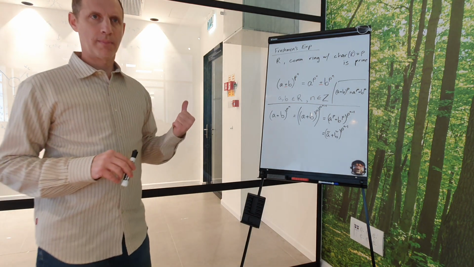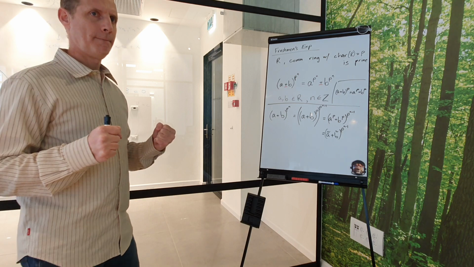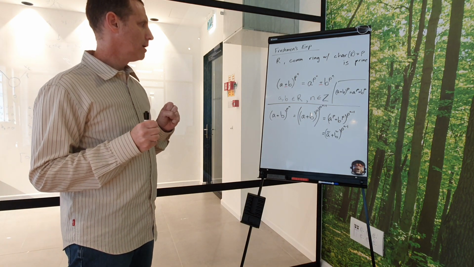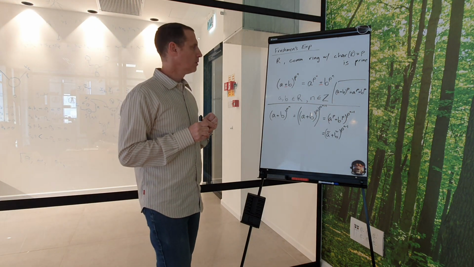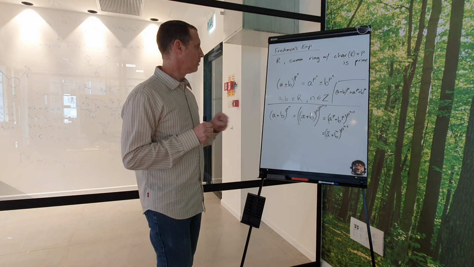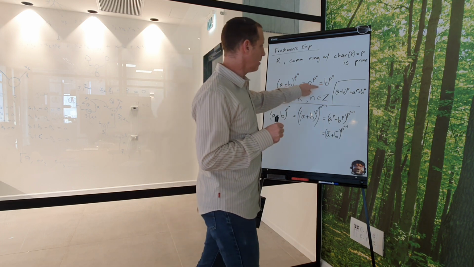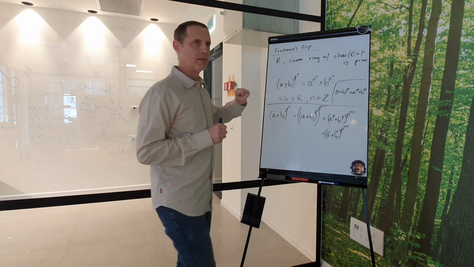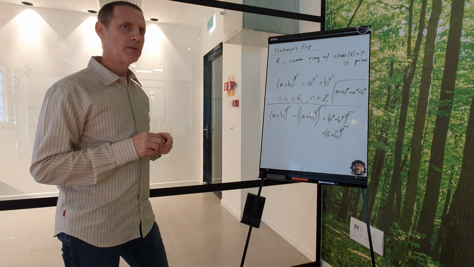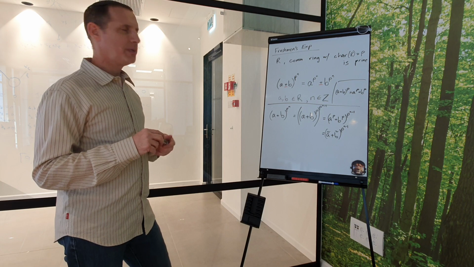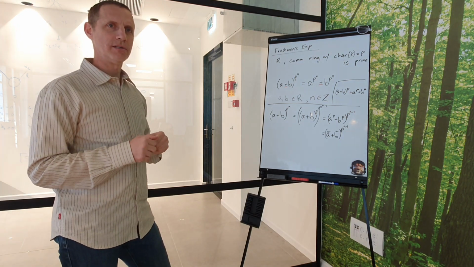It's a minus only because p is odd and not even. The minus on the right hand side: if you do a minus b, you get a minus b, only because p is odd. Well, I guess p can't be prime and even unless it's 2.